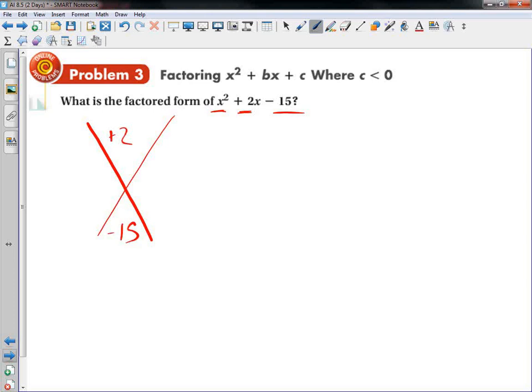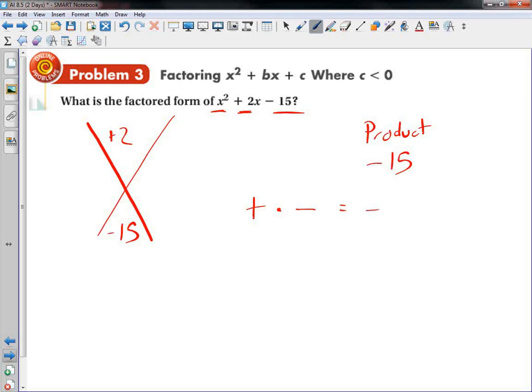Now, in this case, I want my product to be a negative number, right? A negative 15. Well, to get multiplication to equal a negative, I need to have a positive number times a negative number, because a positive times a negative will equal a negative.